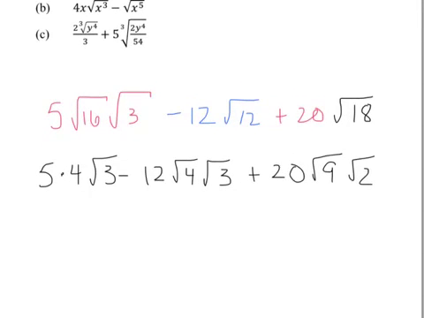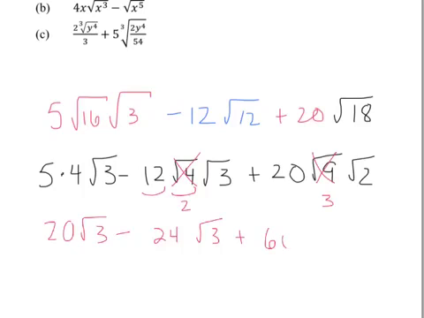Let's keep going. What's 12 times, this is really a 2 here. 24. Thank you. I'm simplifying the root 4 to give me a 2 right there. Simplify the root 9 to make that a 3. 20 times 3 is 60. So this is like having, ready? Here we go. 20x minus 24x plus 60y.